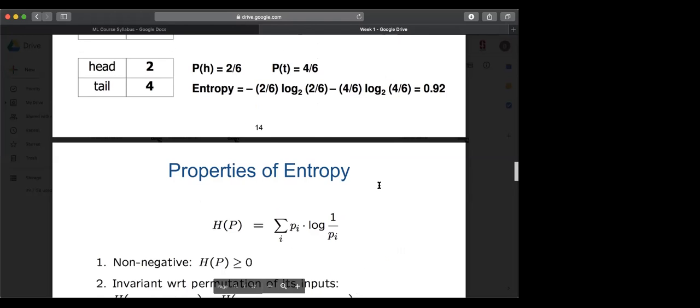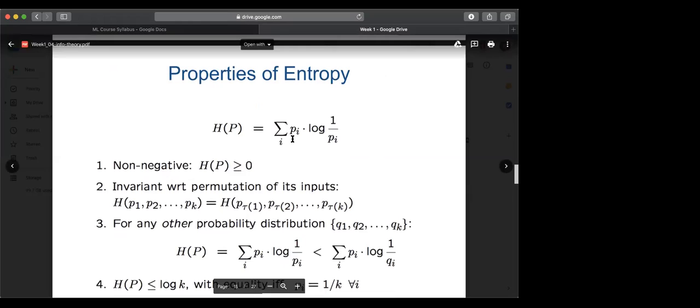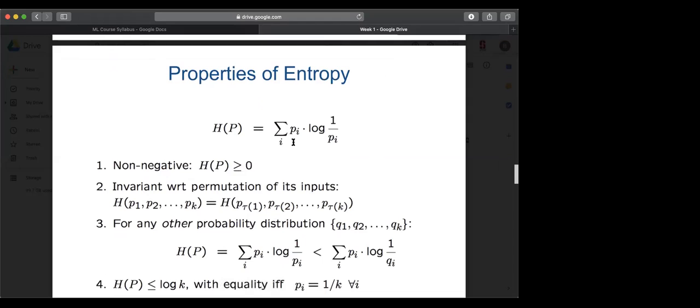Okay. Right. So the properties of entropy for at least discrete random variables, you're just taking the sum of the probability of that category or that event, and then the log of 1 over the probability of that event. So like I was saying earlier, all entropy has to be greater than or equal to 0. That's just a natural rule of all systems across nature.